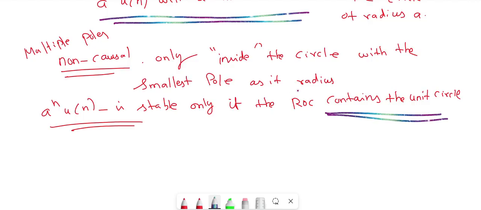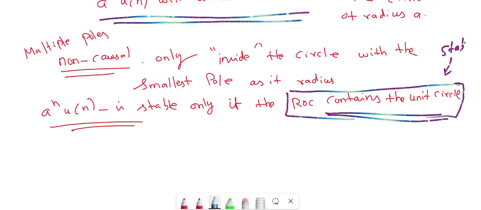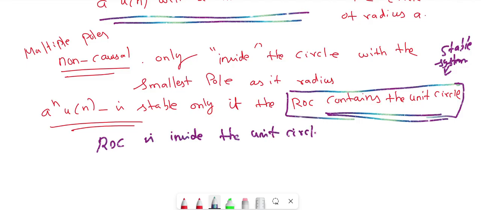If the ROC contains the unit circle, then it is a stable system. If the ROC is inside the unit circle, it will be unstable.